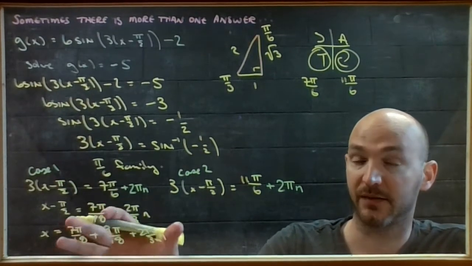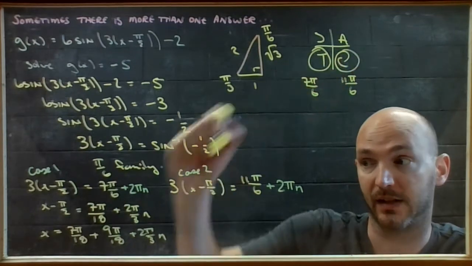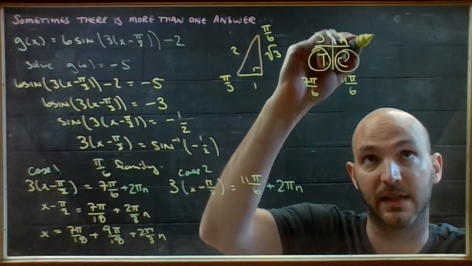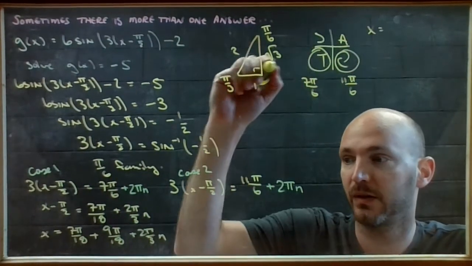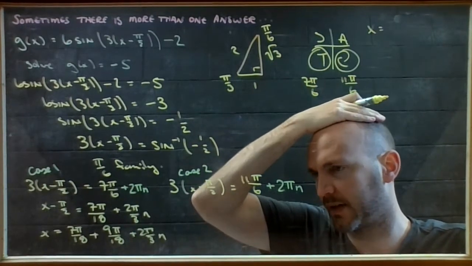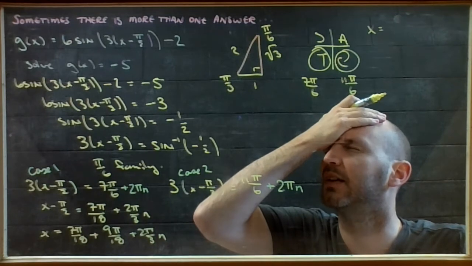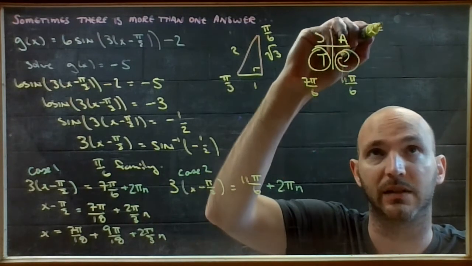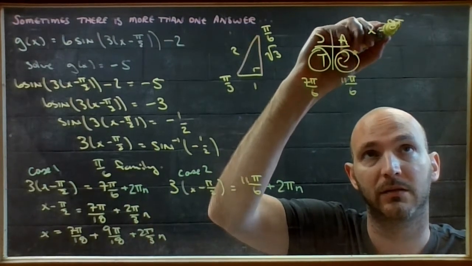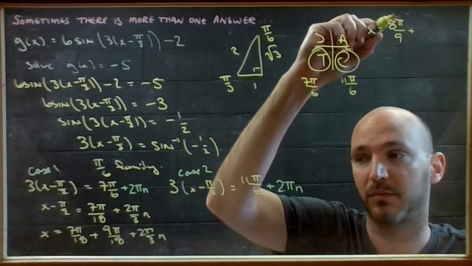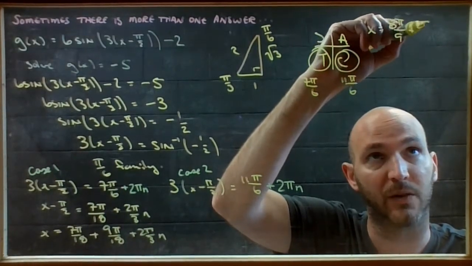So the set of solutions for this case would be x equals 7 pi's and 9 pi's would be 16 pi's over 18. 16 pi's over 18 is 8 pi's over 9, plus 2 pi over 3 n.